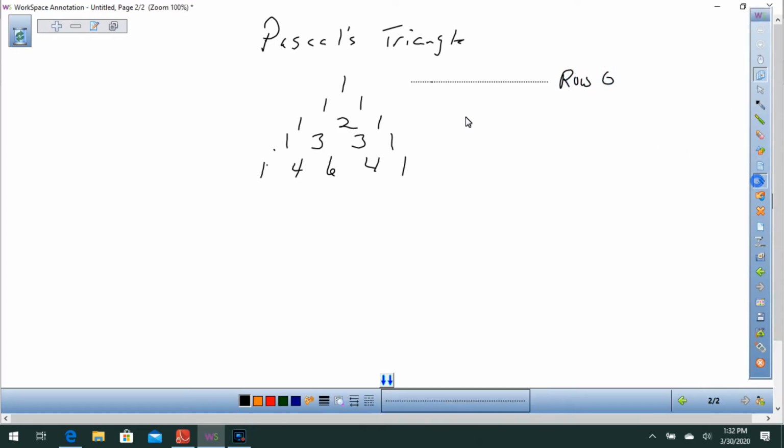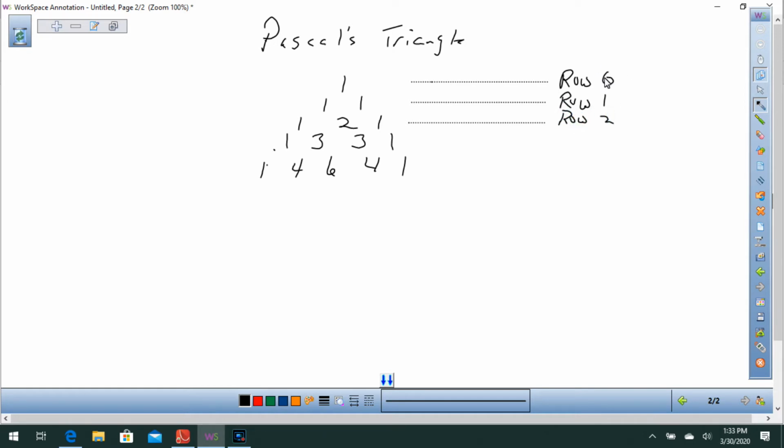And then the next one here is row 1. And then we have another one, and this would be row 2.